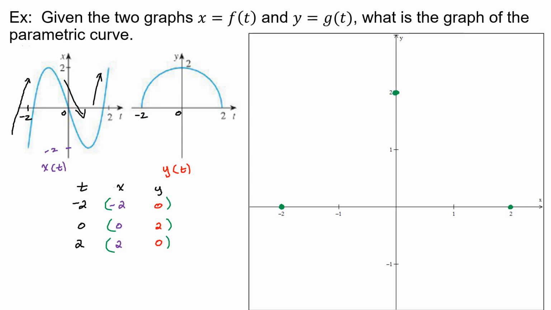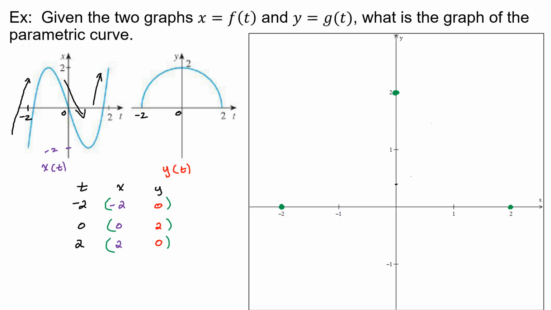So we have to go one direction, stop, turn around, go back the other direction, and come back. And you still have to hit every one of these points along the way, so keep that in mind.